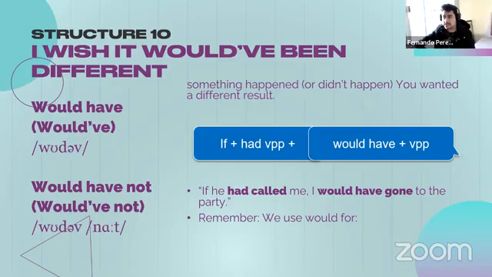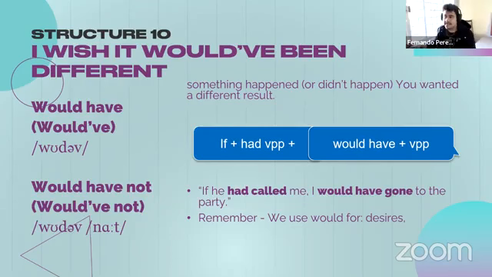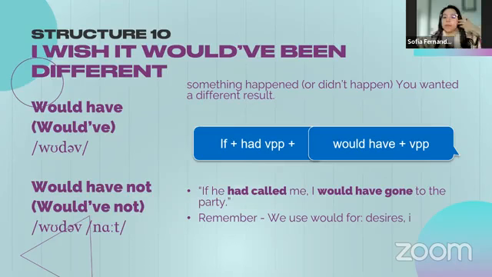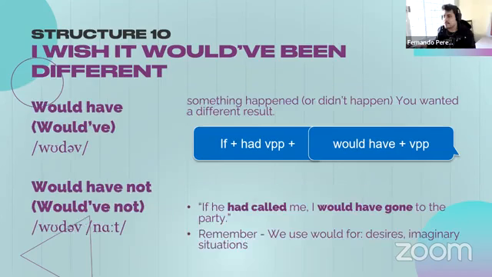Desires, very good. Maybe also imaginary situations. Imagine is a verb. Imaginary is a description. Okay, imaginary. Good. Exactly. Imaginary situations where I would do this, I would do that.